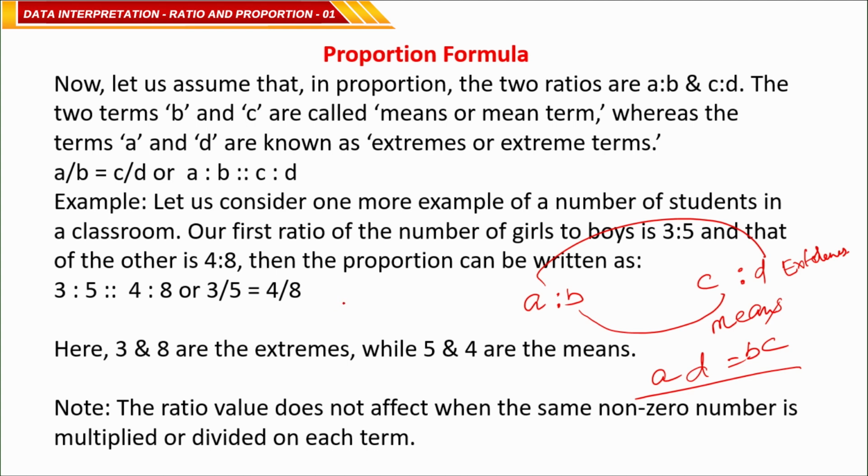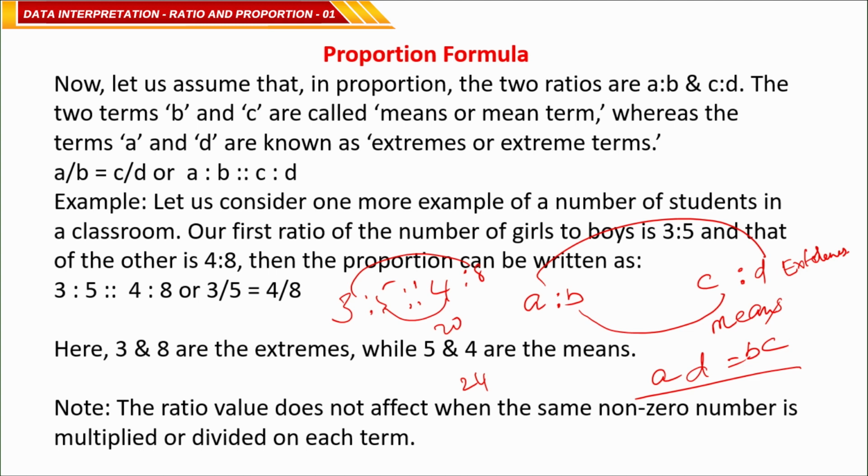Check: 5 fours are 20, 3 eights are 24. So 3 and 8 are extremes while 5 and 4 are means.